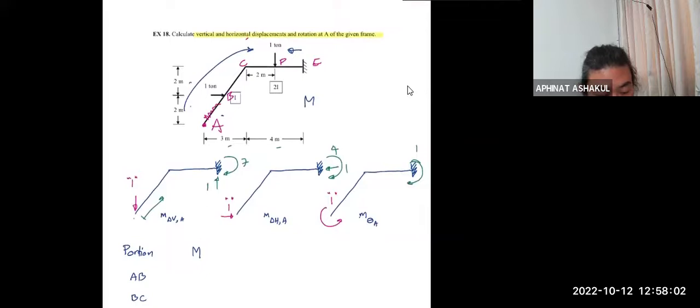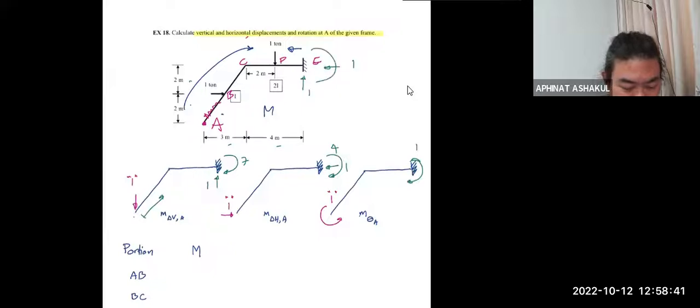So that means I need to have my reactions here, right? The reaction here should be 1 up, and 1 there. What about the moment? Now you have 2 couples actually, right? So your moment at the support should take care of the moment generated by these 2 couples.